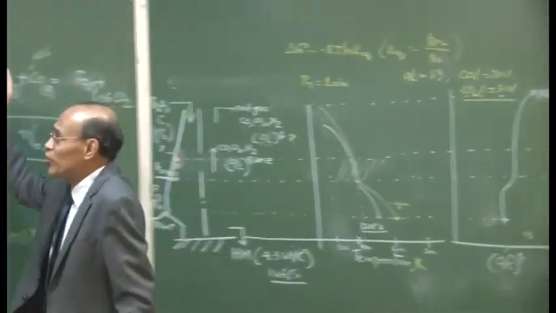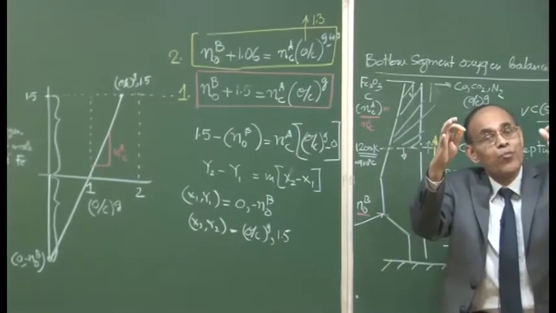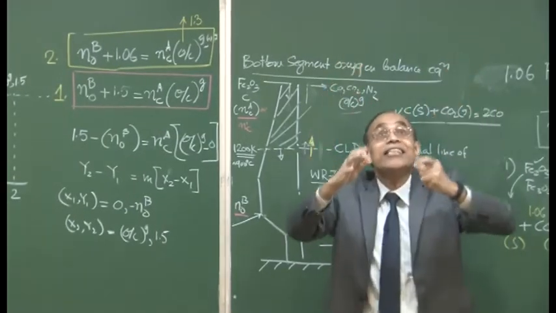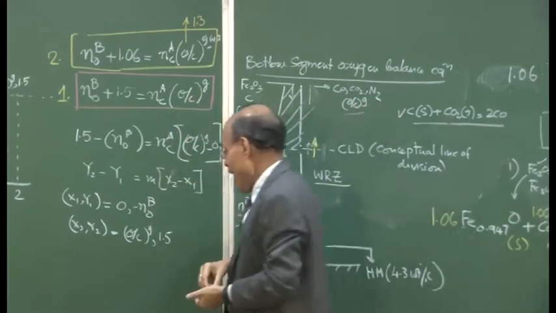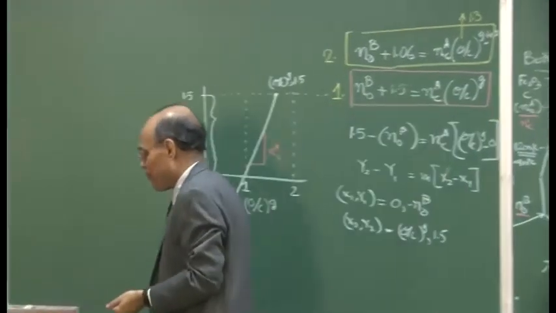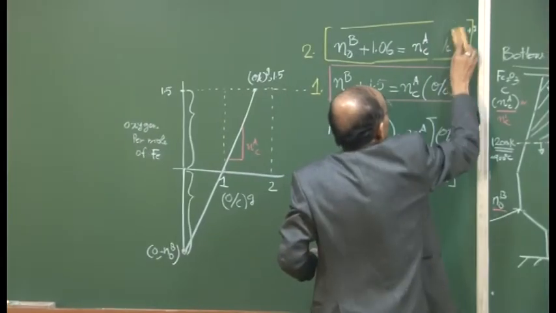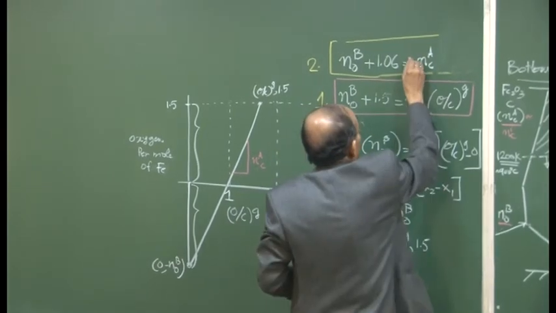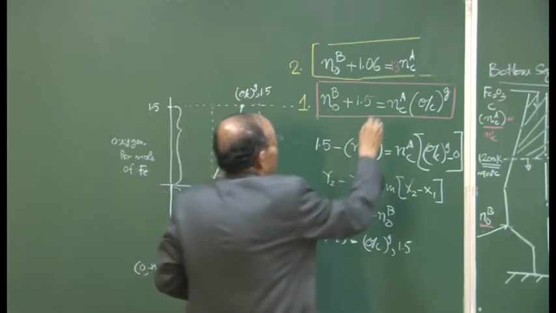Once you substitute that 1.3, because this is the gas which has attained equilibrium chemical composition and is leaving the bottom part and entering the top part with an O/C ratio of 1.3, I can simplify. This is the final statement: I can write the second bottom segment oxygen balance equation as 1.3 NaCe.